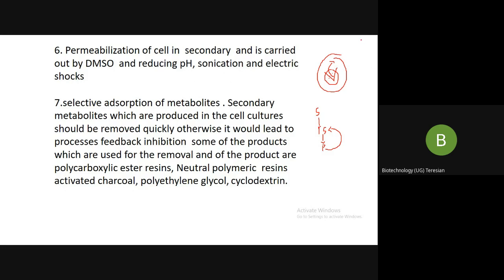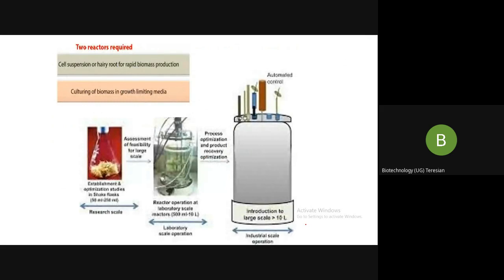That is why, as quickly as possible, you have to remove your secondary metabolites. And all these materials I have mentioned, like charcoal, polyethylene glycol, cyclodextrins, are used for selective adsorption of your metabolites, so that your metabolites get adsorbed to these materials and you can easily extract your secondary metabolites.